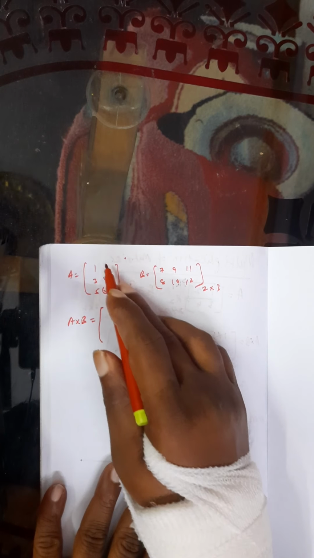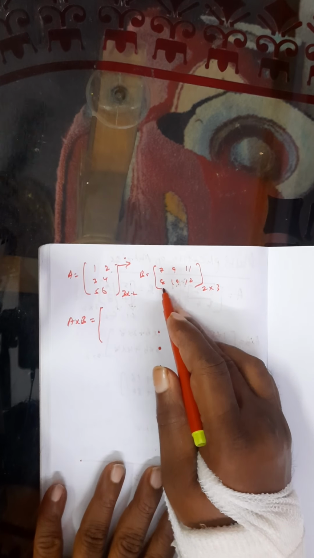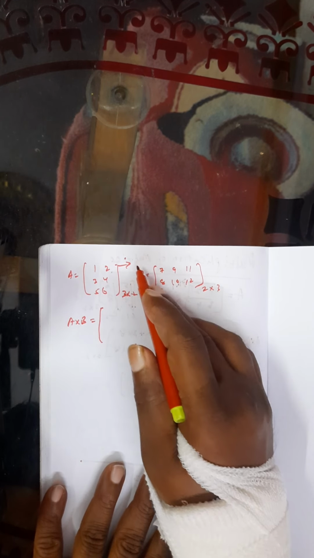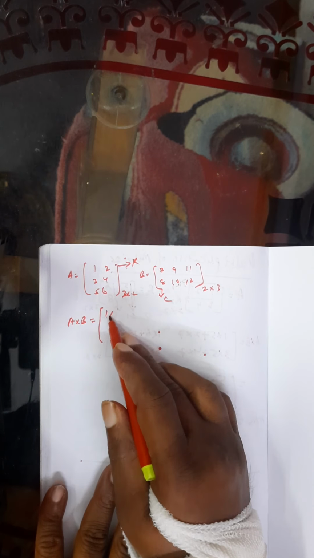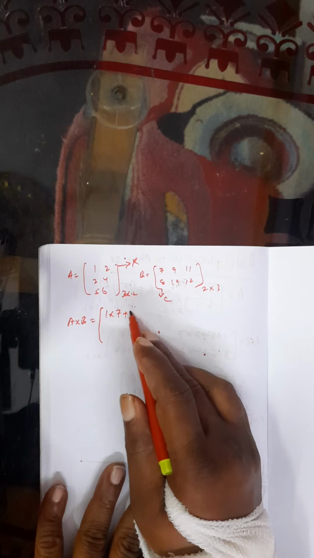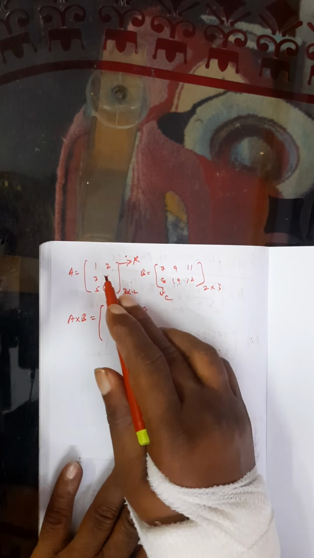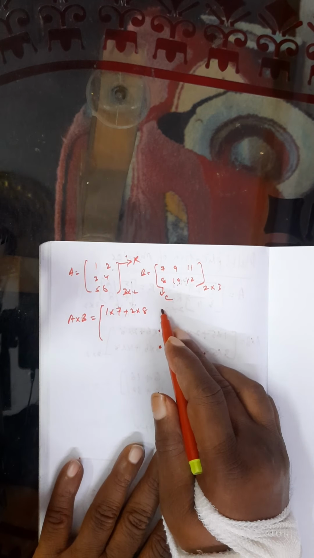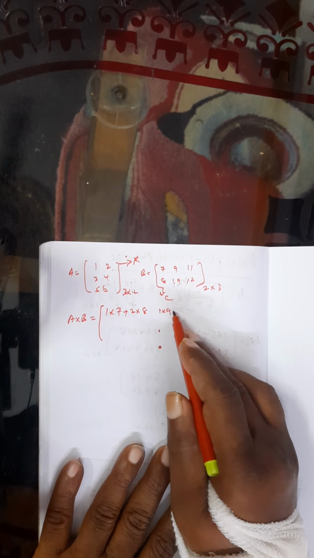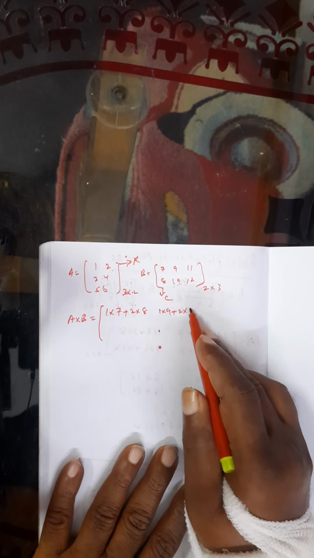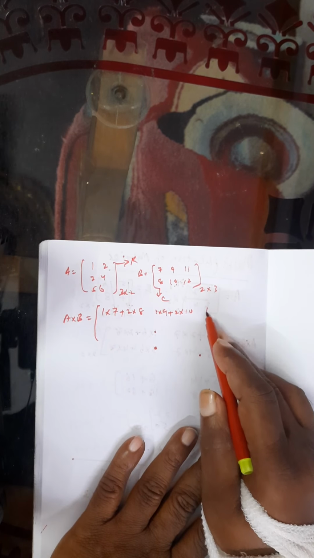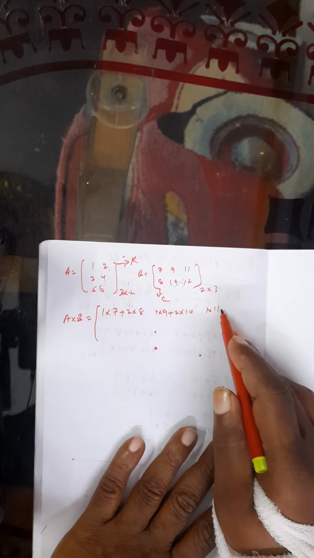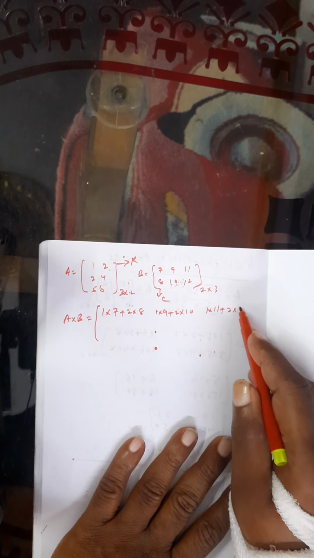Now we are going to write row to column. 1 multiplies with 7 plus 2 with 8 is the first point. Now the second: it goes with this also, 1 into 9 plus 2 into 10. Then 1 into 11 plus 2 into 12.